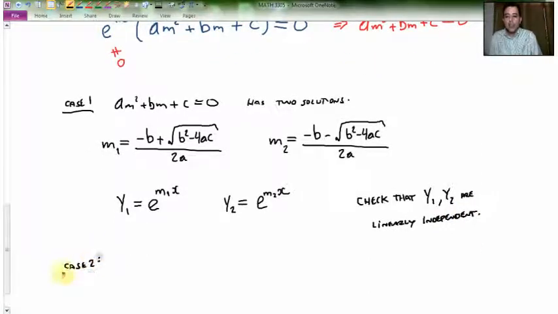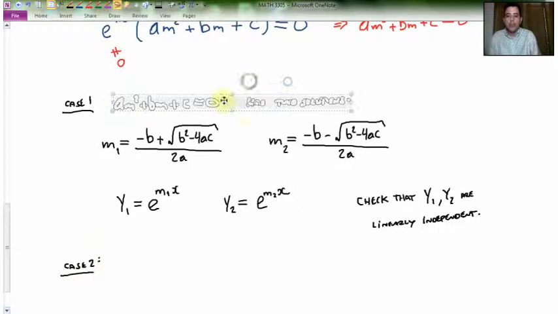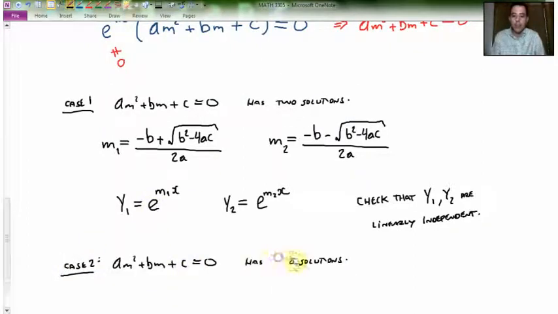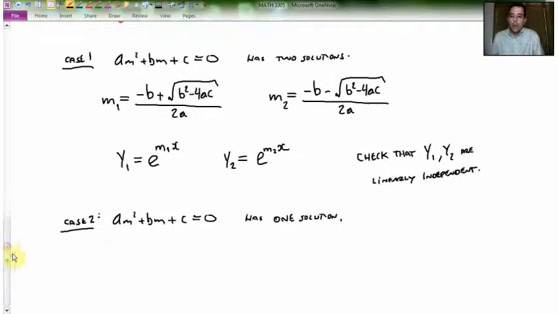Case number 2 is when the quadratic equation has only one solution. Well, in that case, it means that the discriminant of the quadratic formula is 0. If it's 0, then you have plus 0 or minus 0, so it doesn't give you different solutions, it's the same solution.